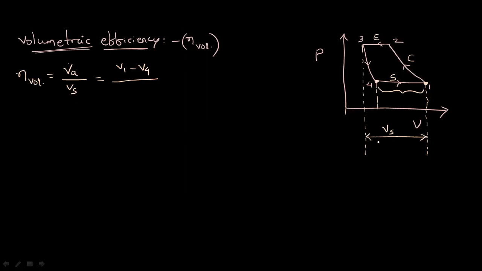So in place of swept volume Vs, can I write V1 minus V3? Why? Because this is point 1, so from the starting to this point is my V1. This is point 3, so from the starting to here is V3. Which volume do I require? I require the swept volume, this part. How do I get this part?